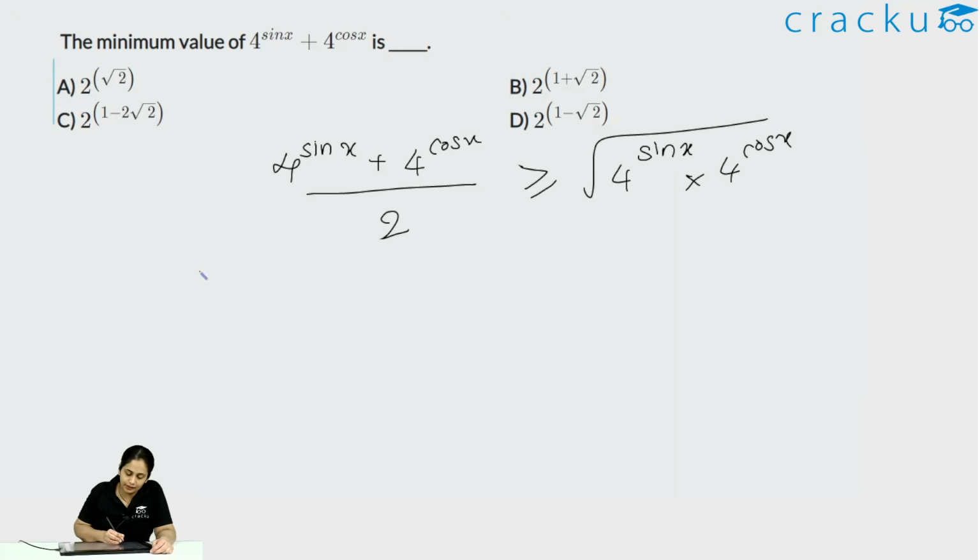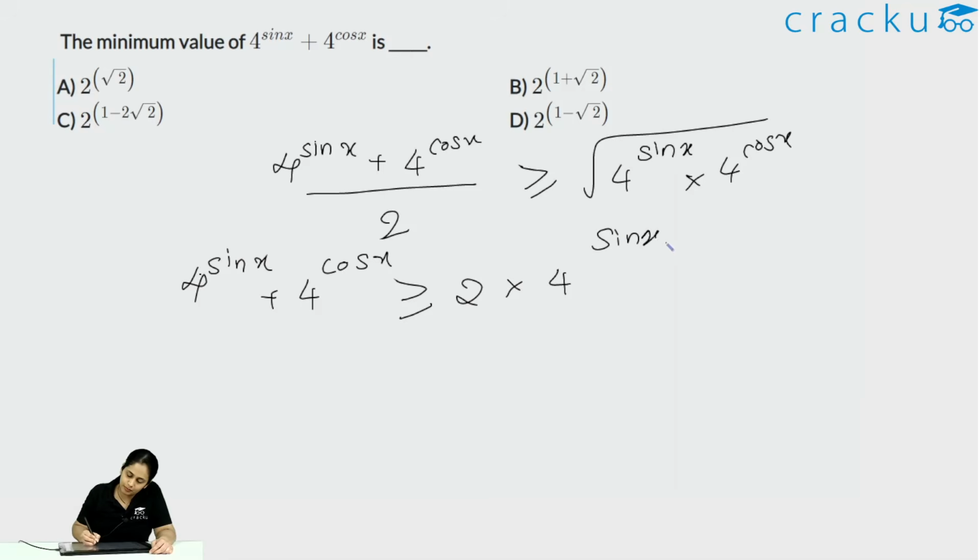So the required sum, 4 raised to sin x plus 4 raised to cos x, is greater than or equal to 2 times this square root, which will be equal to 4 raised to (sin x plus cos x) by 2.